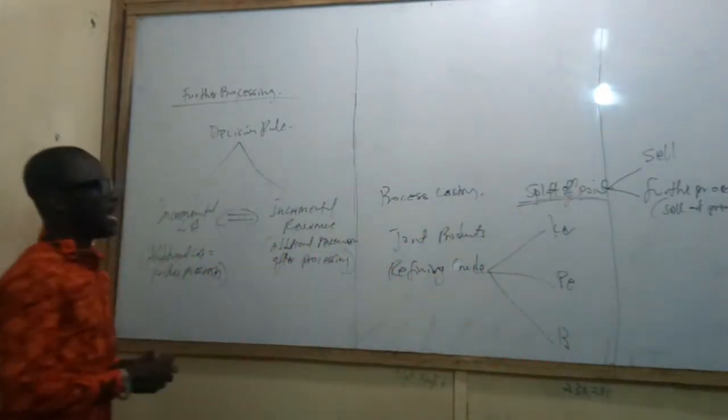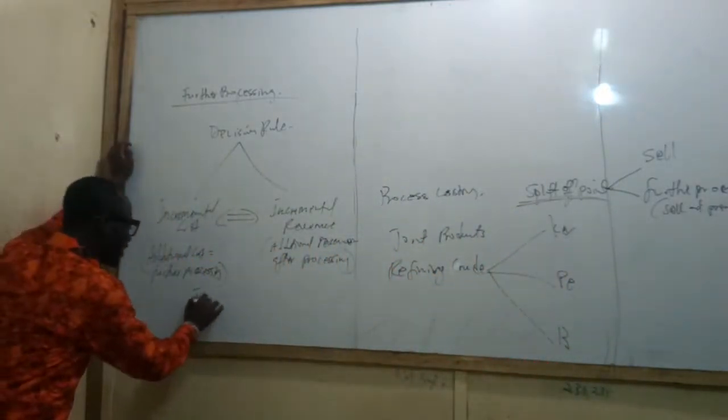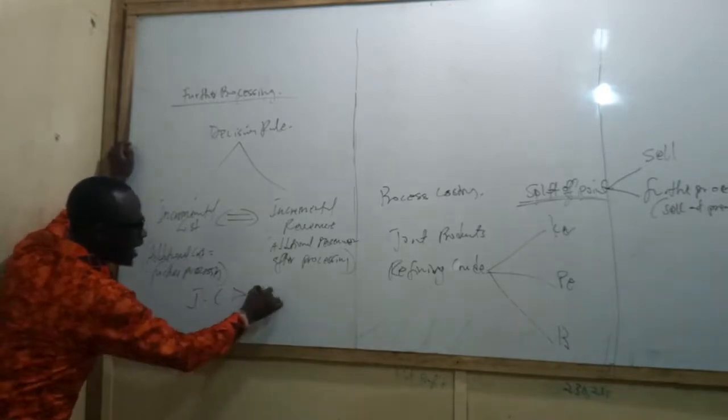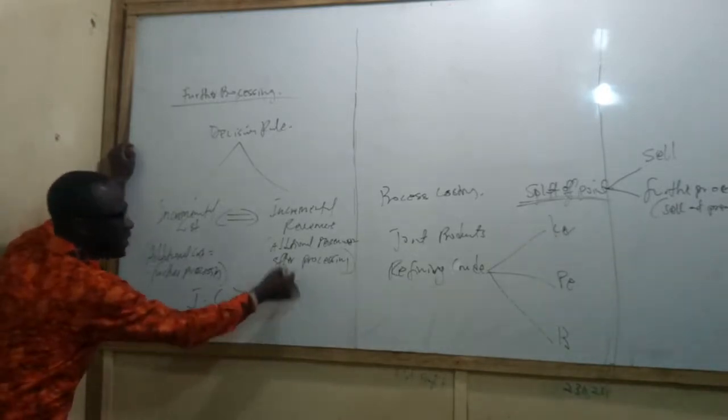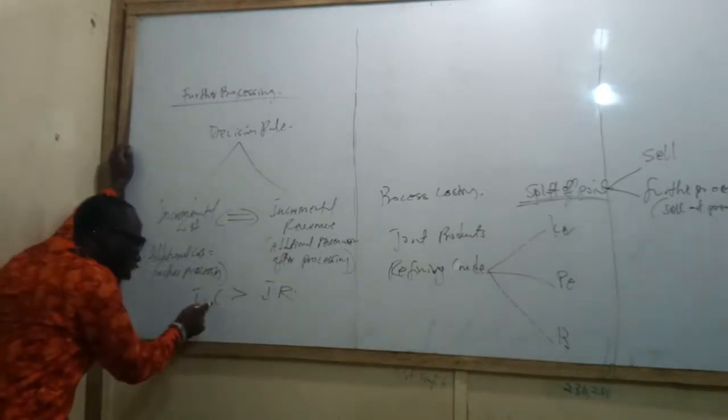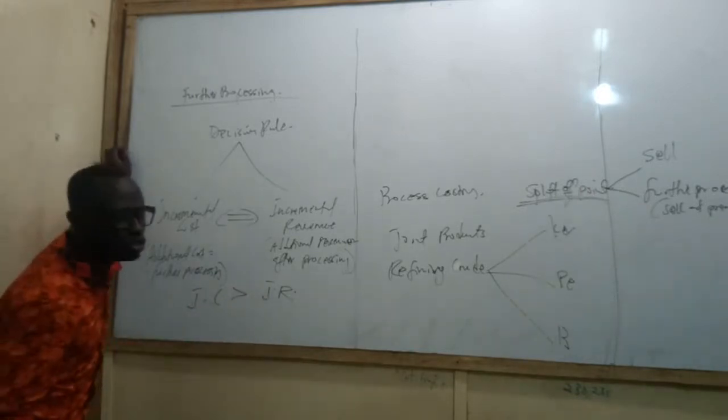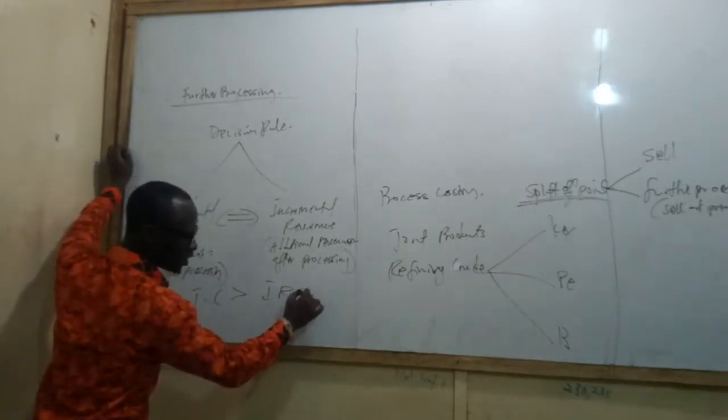When incremental cost is greater than incremental revenue, you are a business person. If your cost is more than your revenue, what do you do? You don't further process.